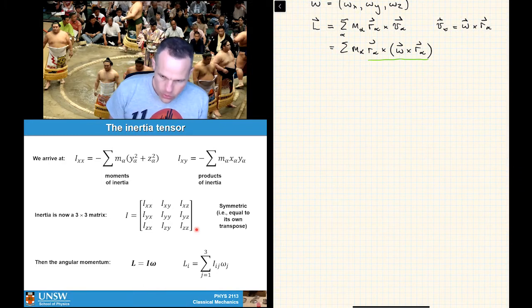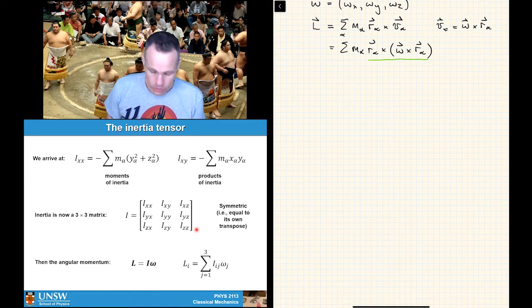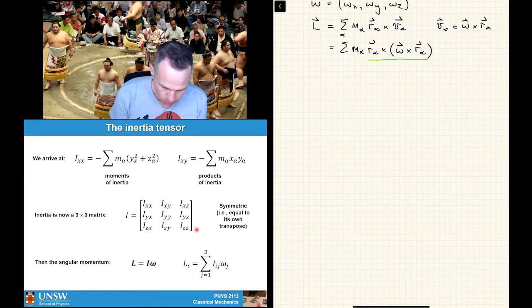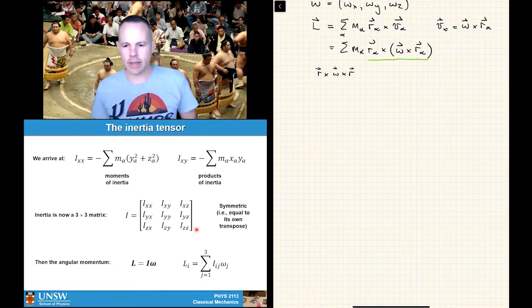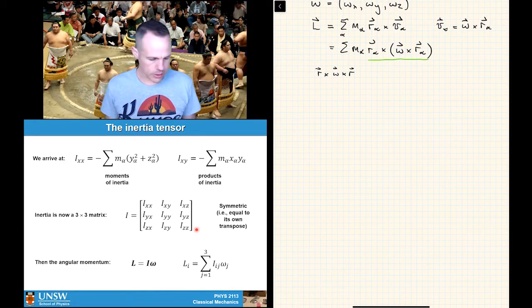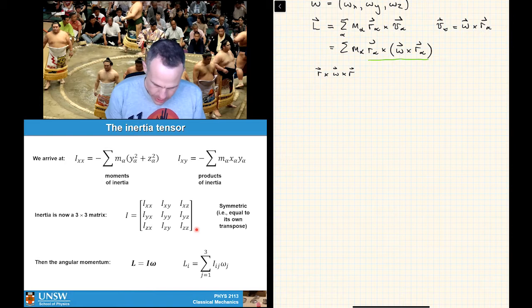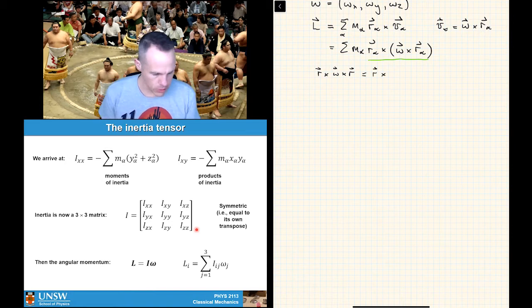Okay, so the step here is now to do this cross product. And I'm going to go halfway because it's going to get ugly really quickly. What we have here is R cross omega cross R. And I'll do the first one, and then I'm going to walk a little bit into the second one to set it up for you and let you do it, because it turns into a mess. So we've got R cross, and then we're going to do our cross product in the usual way here.